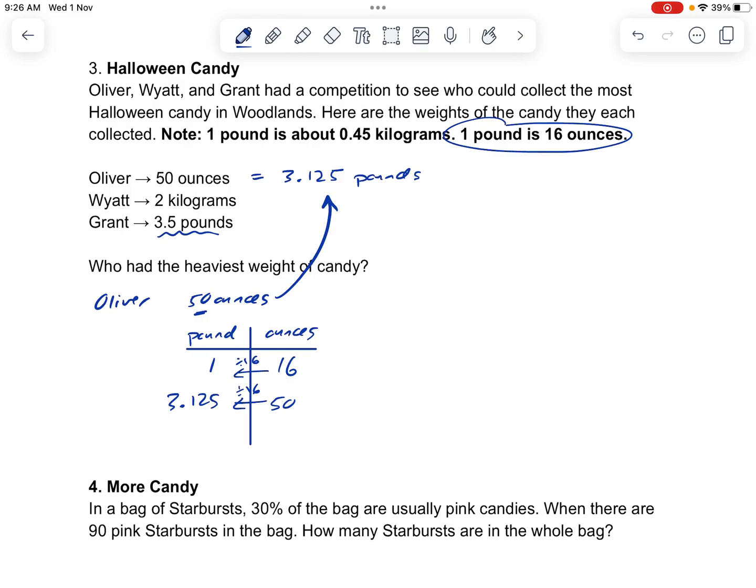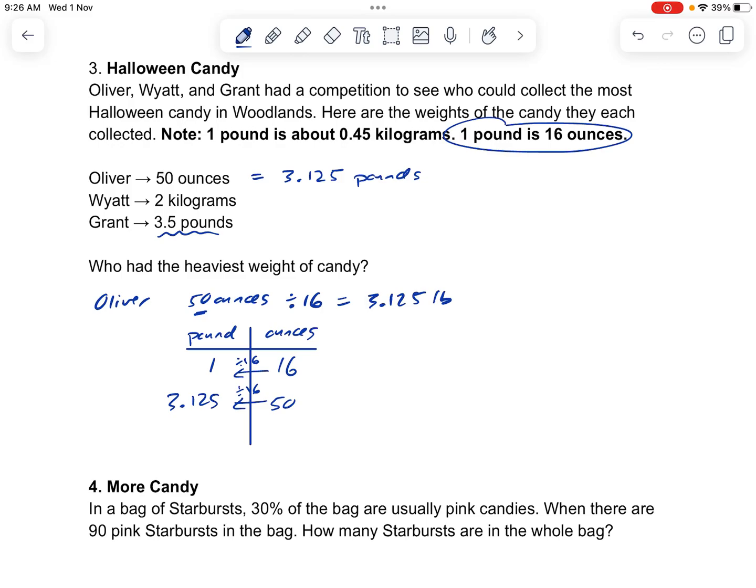So if you keep that in mind and you know that the number is going to get smaller, then you know that you're going to have to divide, because otherwise the number is going to be getting bigger. And so if you use logic and reasoning, that's fine, but still make sure that you write it out, like 50 ounces divided by 16 equals 3.125, so that you're showing how you came up with that, okay? I'll use logic for Wyatt there.